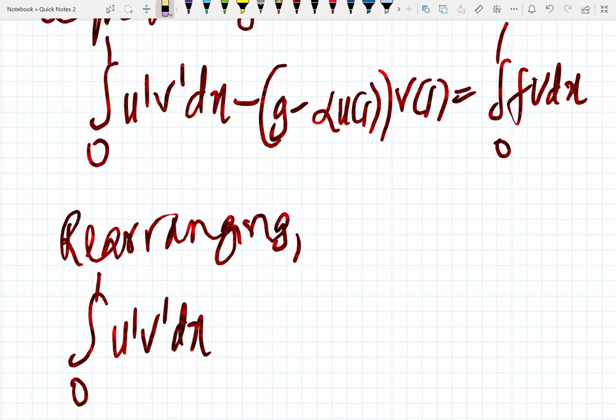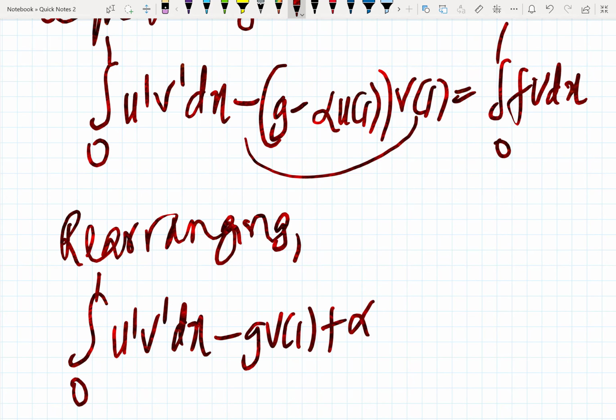If you open this up, this is minus g v of 1, then plus alpha u of 1 v of 1, and that is the integral from 0 to 1 of fv dx.